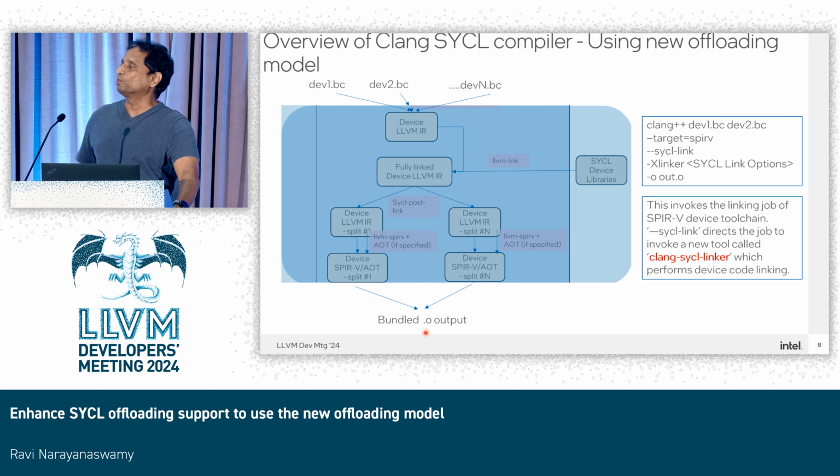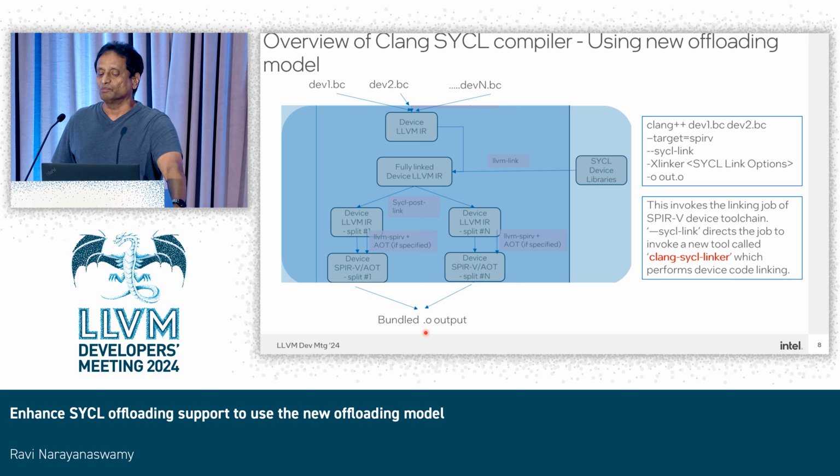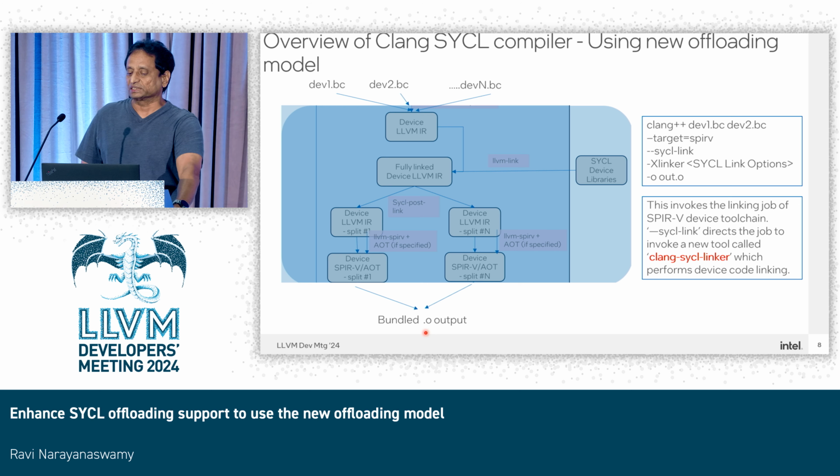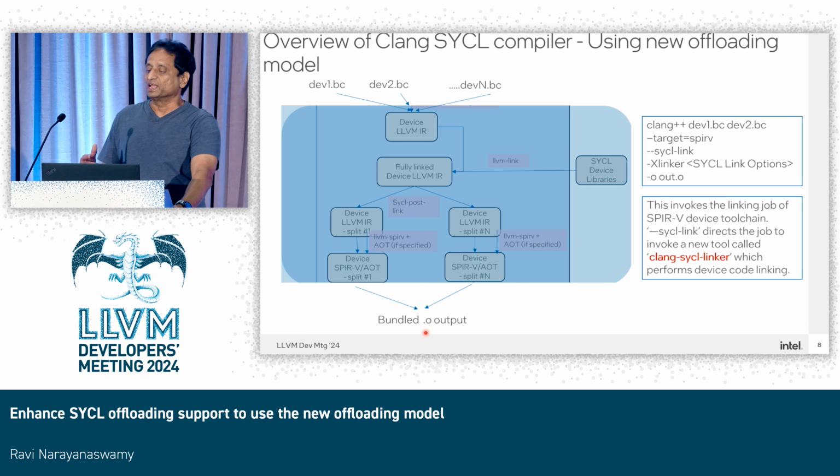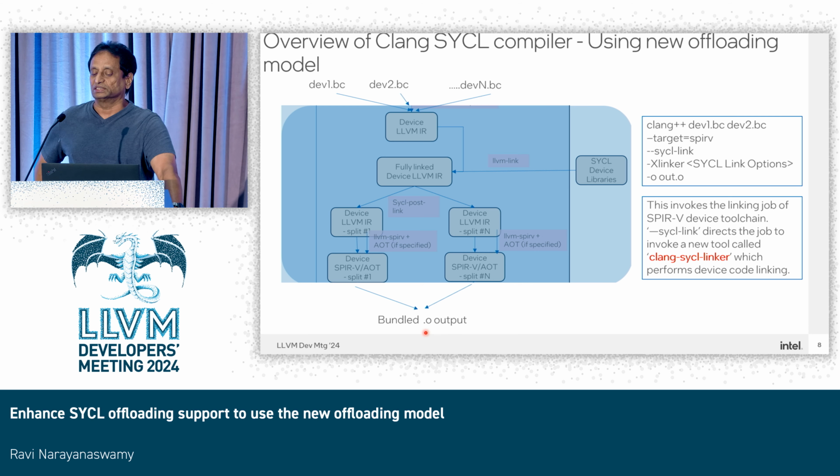We may also want to pass some linker options through -Xlinker, to be used during the SYCL linking phase. By looking at --sycl-link, Clang is going to invoke the Clang SYCL linker to do all the linking shown in the previous step.